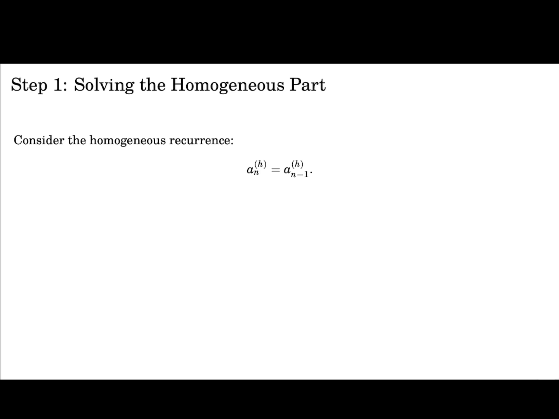The first step is writing out the characteristic equation. The characteristic equation for this is r minus 1 equal to 0, and this implies that r equal to 1.